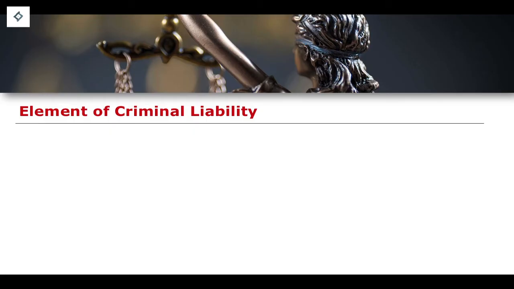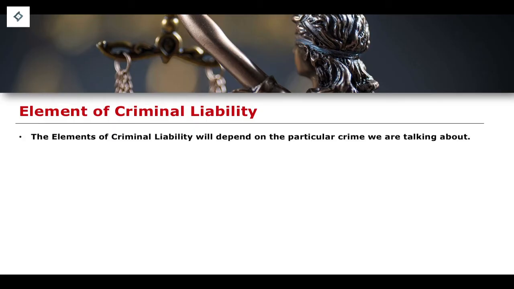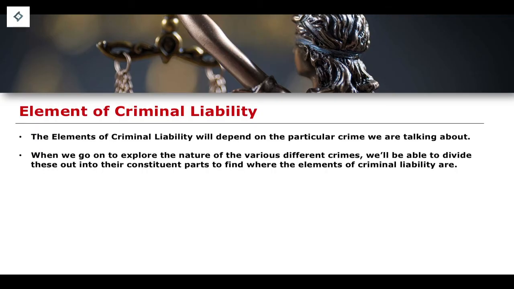So the question is, what are the elements of criminal liability? Well, this is a question that really depends on the particular crime that we're talking about. So when we go on to explore the nature of various offences and various crimes, we'll be able to divide them into their constituent parts and really find where criminal liability arises. This is really easy for, say, statutory offences.